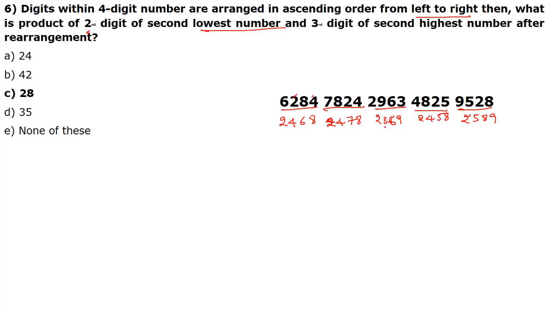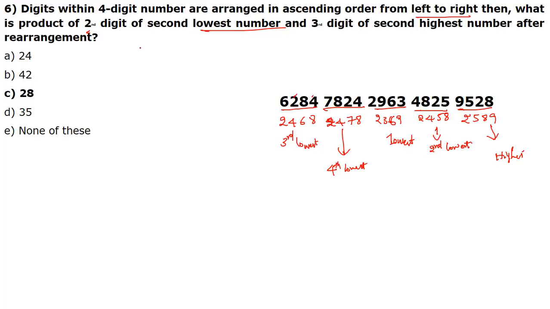The second lowest is 2 4 5 8. After that, 2 4 6 8 would be the third lowest, 2 4 7 8 would be the fourth lowest, and 2 5 8 9 would be the highest.